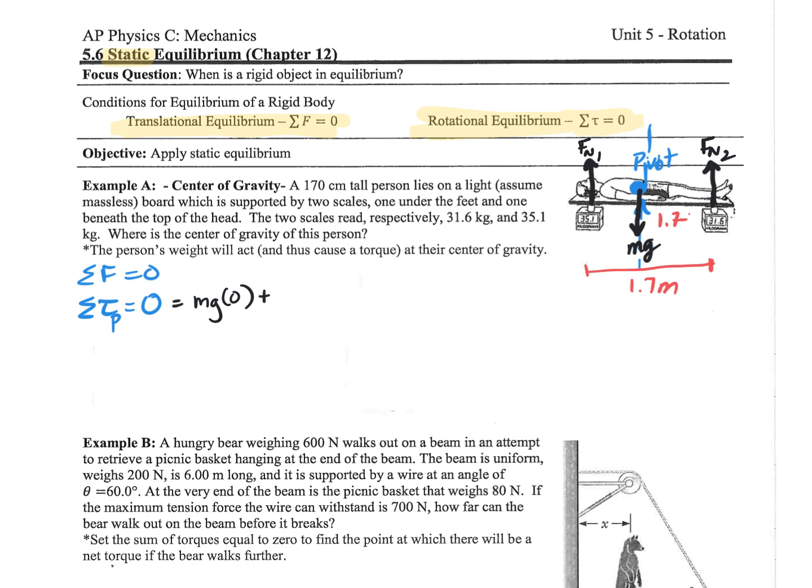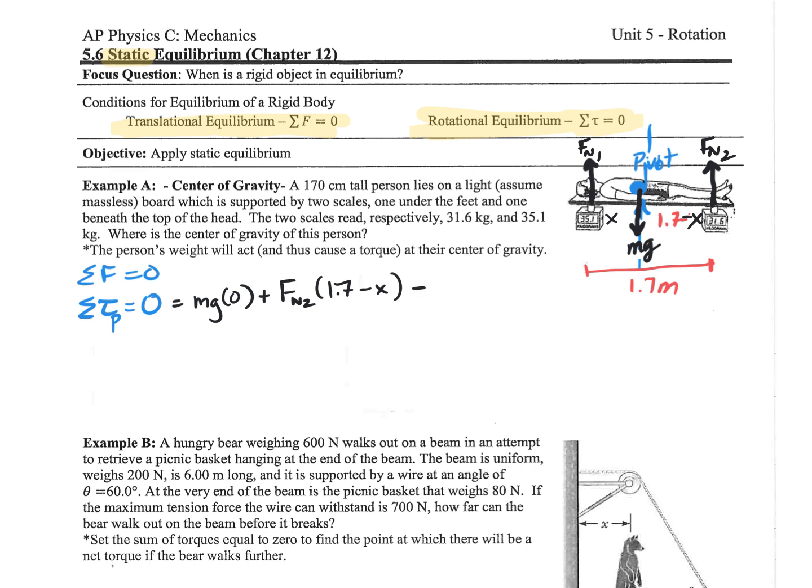Which one's going to cause a counterclockwise rotation about the pivot? Yeah, F2, right? So F normal 2 times, and we said this was 1.7 minus x? And this was x? So this is minus x.